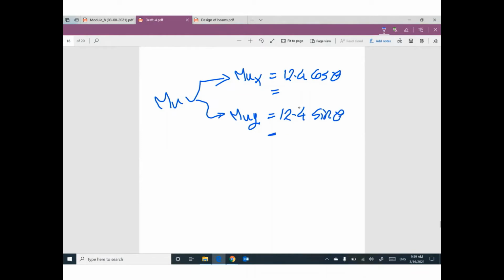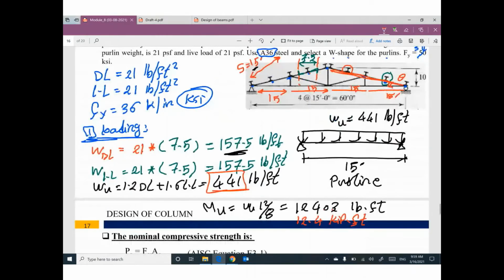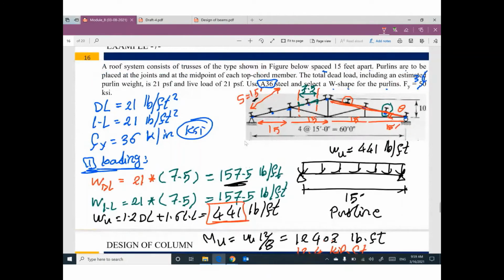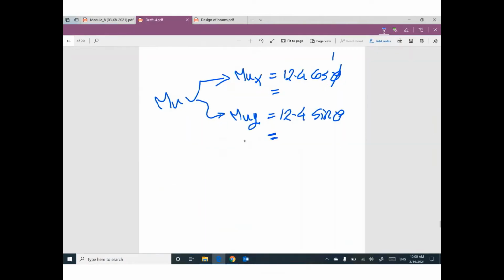What is the angle theta? Okay, go ahead by using these triangles. This triangle has a total horizontal length 30, vertical distance 10. I can figure out this angle. So the angle theta will be inverse tangent of 10 divided by 30. It will be 18.4. So this angle will be 18.4.